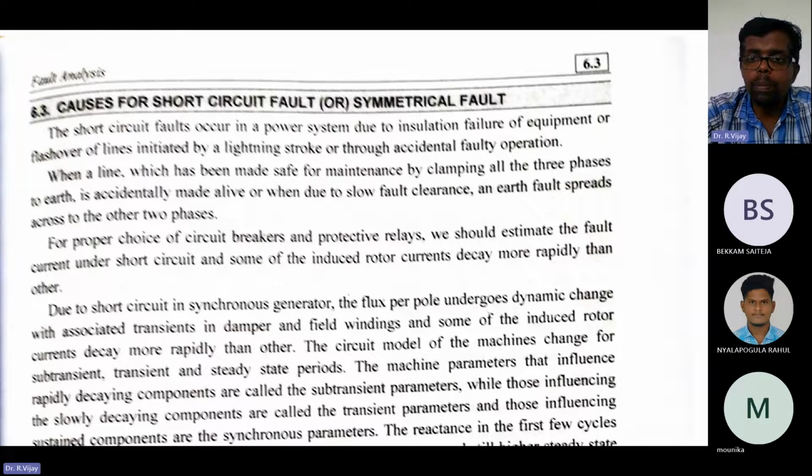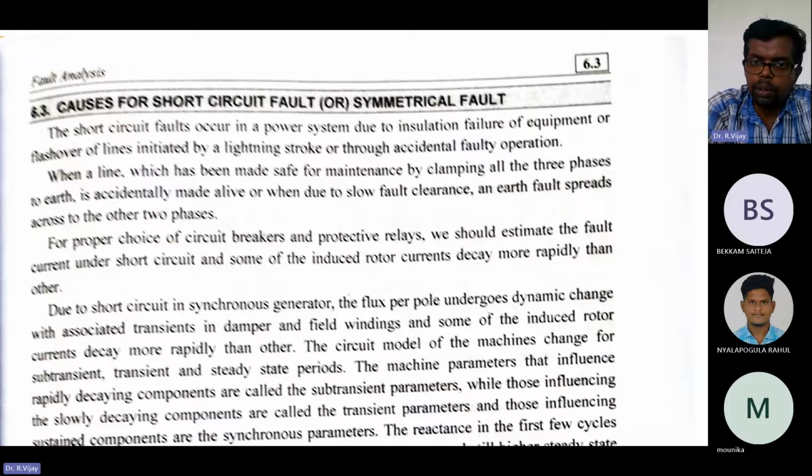Next, equipment failure or flashover of the lines. Sometimes equipment will flash over. Sometimes what happens in a distribution transformer? We need to test the viscosity of the oil every once in a while, monthly once, every 30 days, with frequent checks.